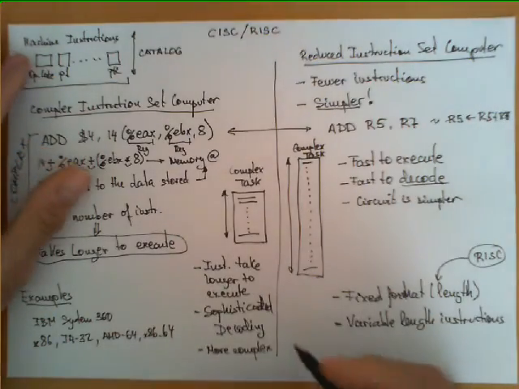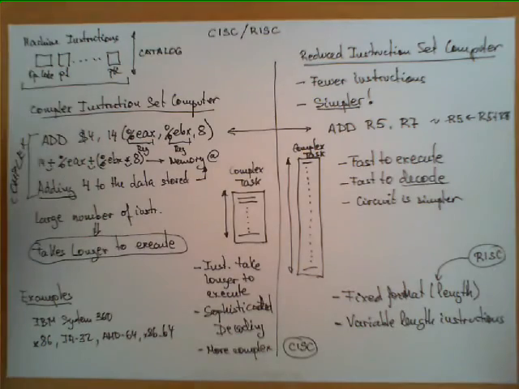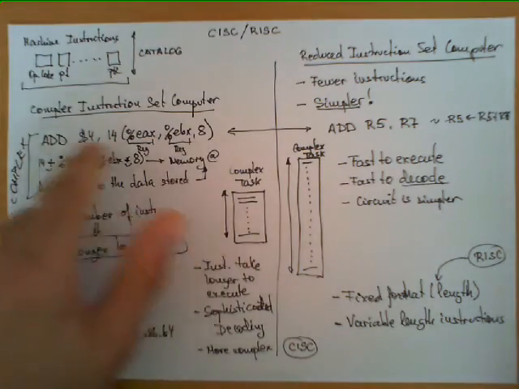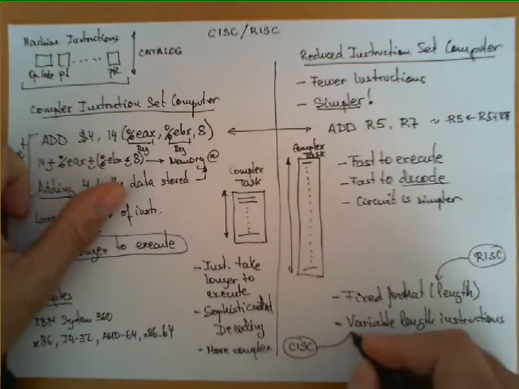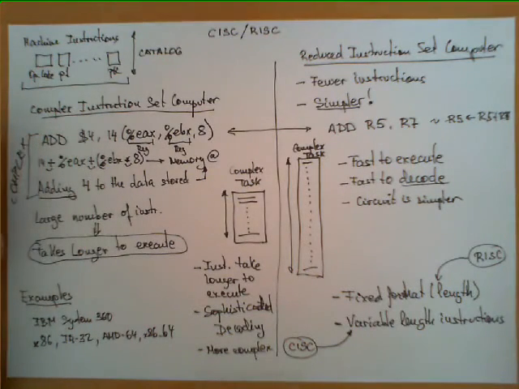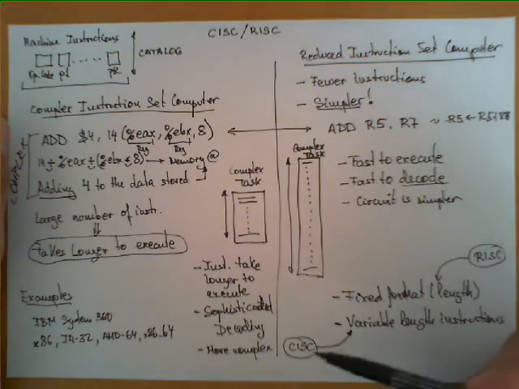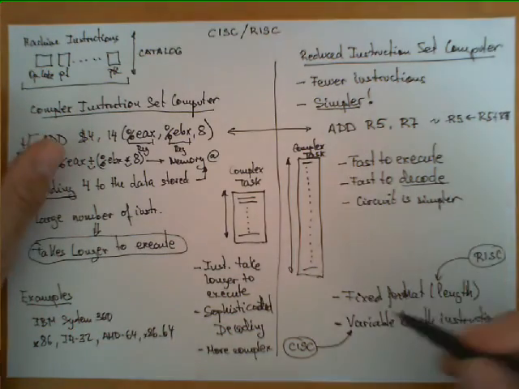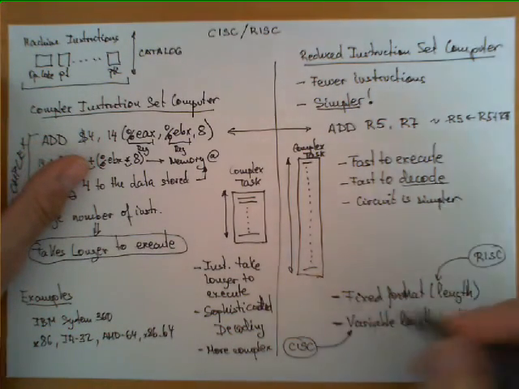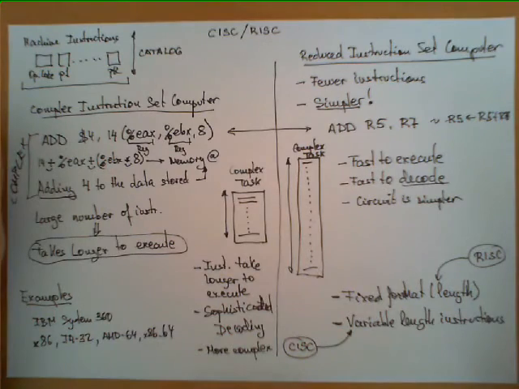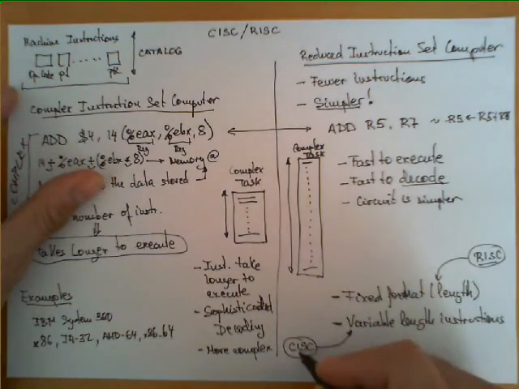Whereas in the CISC philosophy, since I have so many instructions and some of them are so complex, it is very likely that I have a wide variety of operands, and that will force me to encode these instructions with variable length. So even though there is, again, not a written rule that tells you that every RISC computer has fixed format instructions and every CISC computer has variable length instructions, this other classification based on the length of the instruction is also a feature that distinguishes microprocessors from each other, and in some cases they go hand in hand with RISC and CISC.